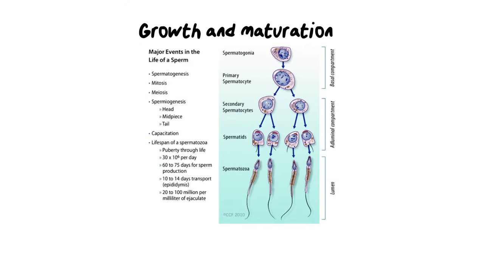So let's take a look at the growth and maturation of these sperm cells. Our sperm cells go through some major developments through the course of their existence. Starting off with what we call spermatogonia, which is essentially an undeveloped, undivided, still diploid cell. And this cell hasn't completed any of the growth or changes that we needed to do.